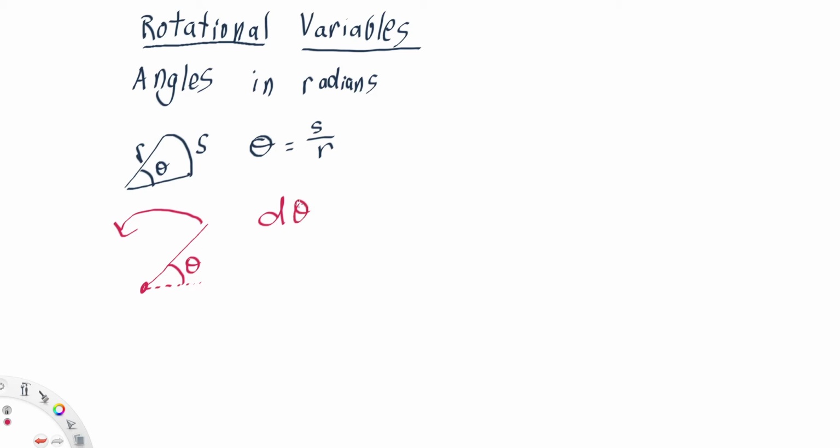In other words, we'd like to be able to take the derivative. So the symbol that we use for the time derivative of the angle is omega, and this is angular speed.